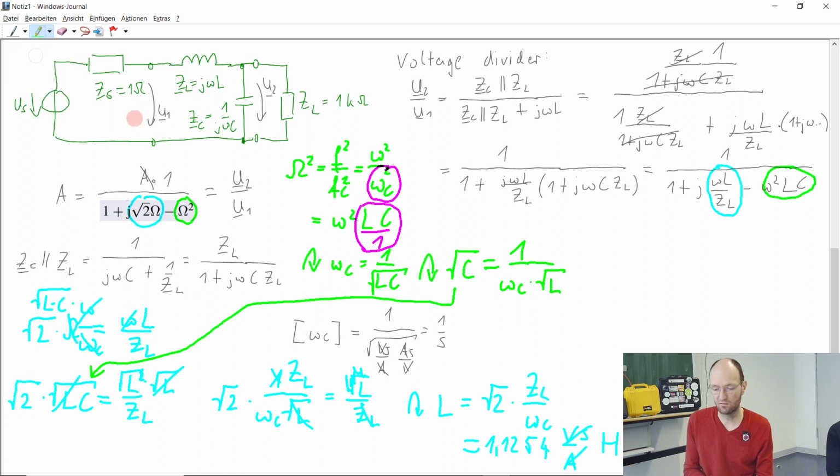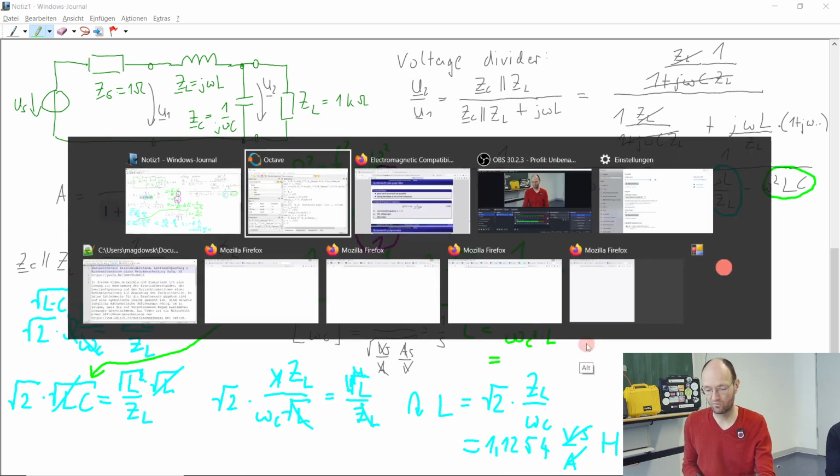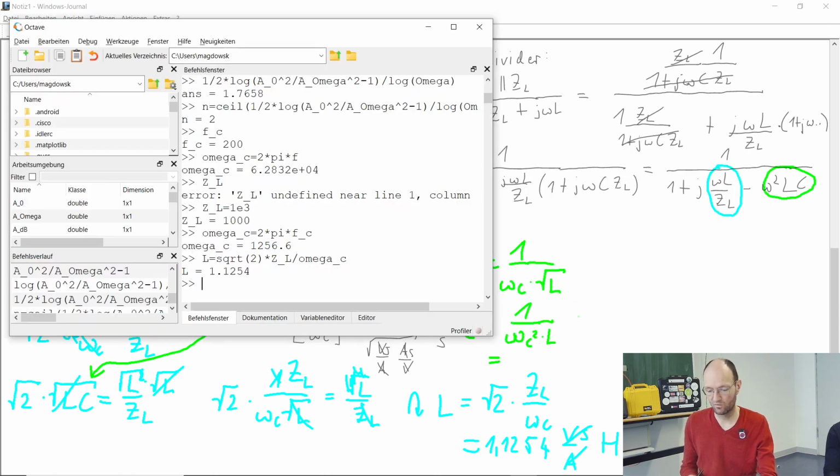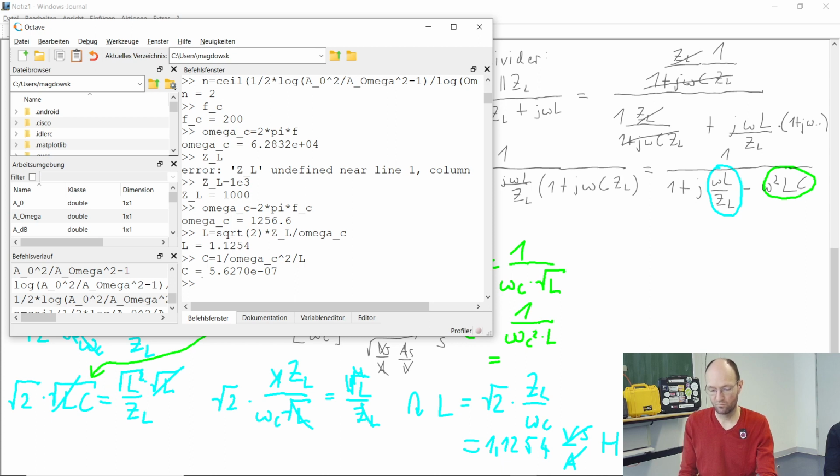And the C, if we want to have the C, then of course the C is 1 over omega C squared multiplied with L. And maybe then I have some space to write down the value there and to also check the units. So C is 1 over omega C squared and divided by L. And yeah, this is maybe not looking that nice.